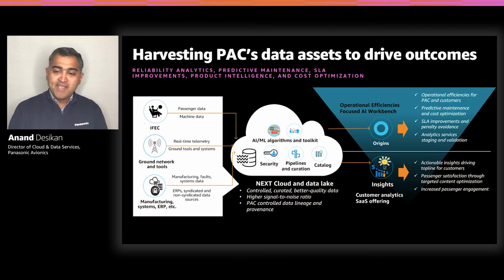We have been successful around operational efficiencies, predictive maintenance, and creating an AI workbench for our analysts as well as our data scientists, which was unheard of before we started this journey.